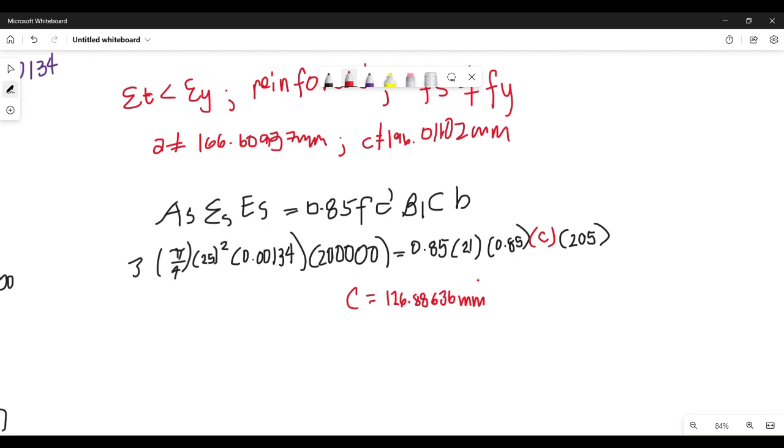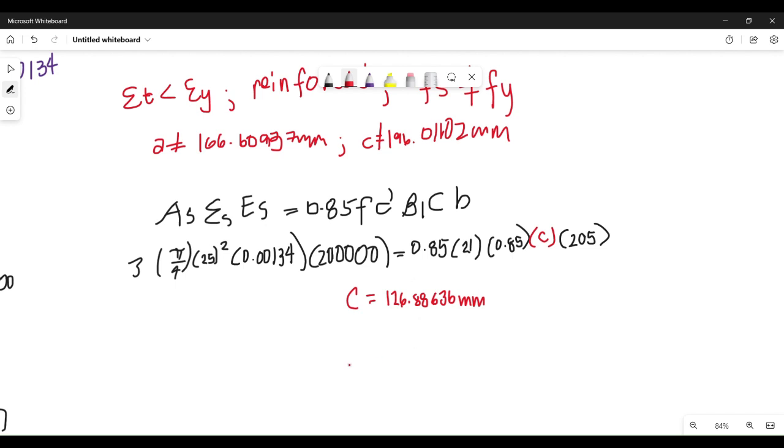Shift solve, this is 126. What could be wrong? It's right: 21, 0.85, 0.85, C.